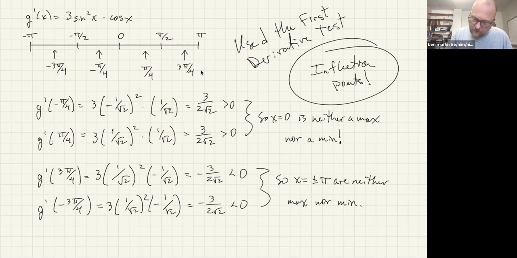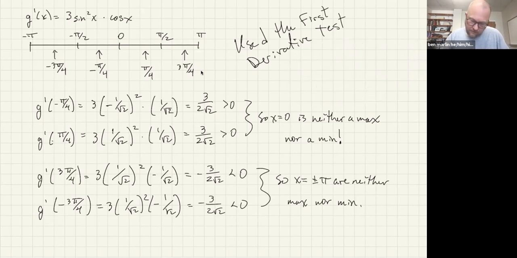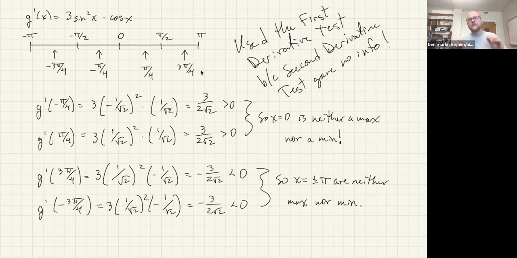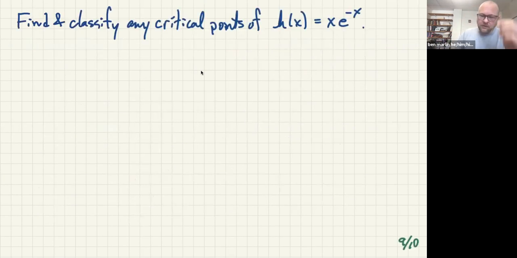And I'm going to erase this part about them being inflection points, because second derivative test gave no info. Right? Yay. So just keep in mind, if the second derivative test fails, we can always turn back to the first derivative test. It won't fail.